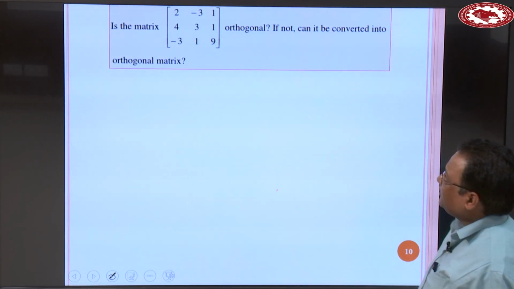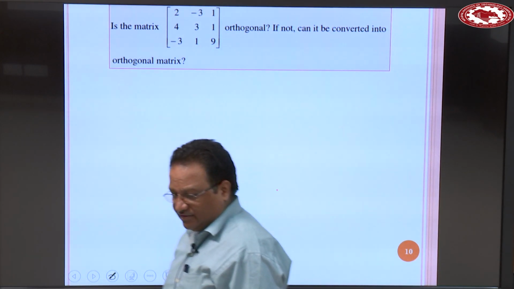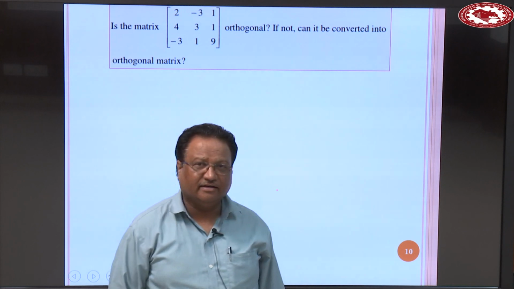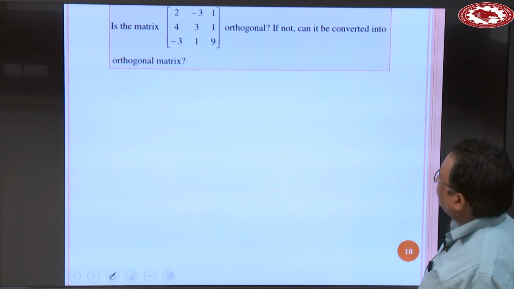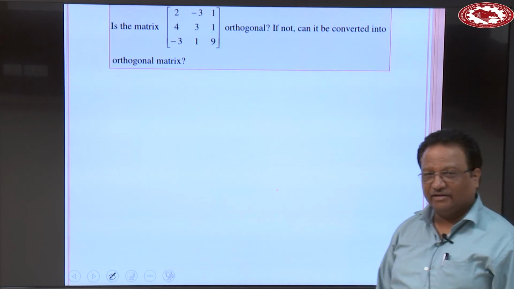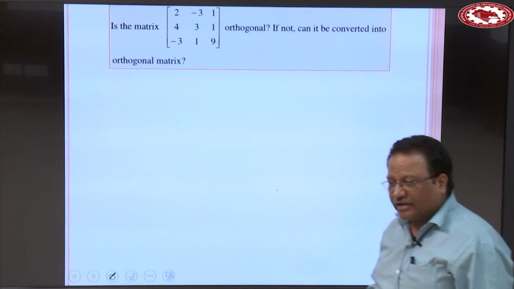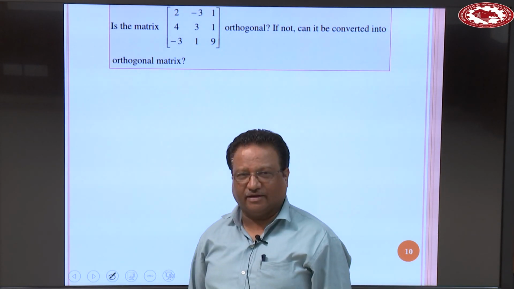Okay. One more question: is the matrix orthogonal? If no, can it be converted into an orthogonal matrix? This question is important. And to show it is orthogonal, what do you have to do? You have to show A A dash is equal to I. Clear?